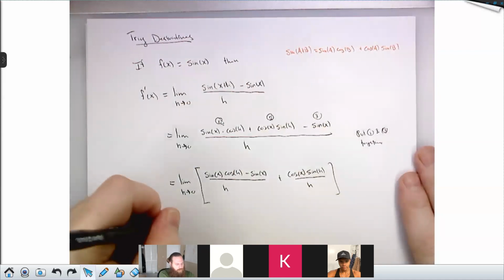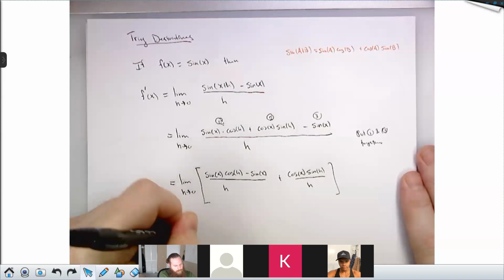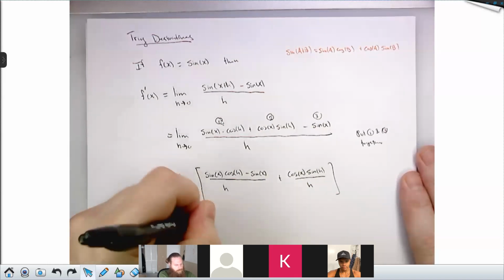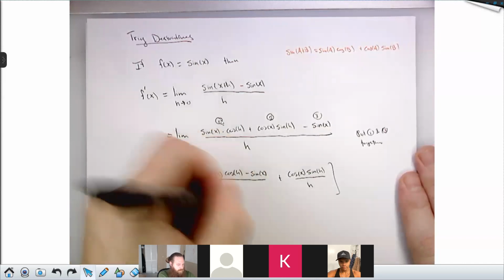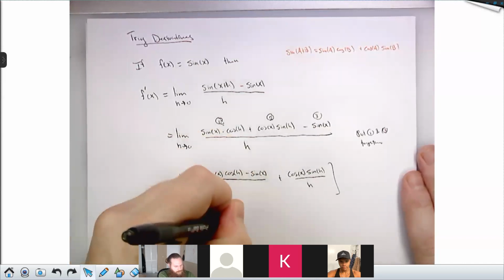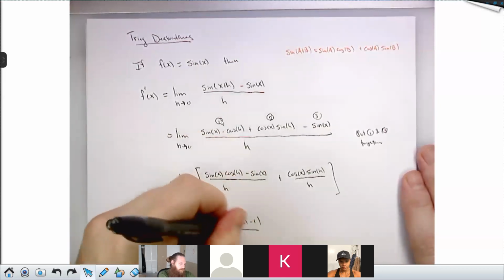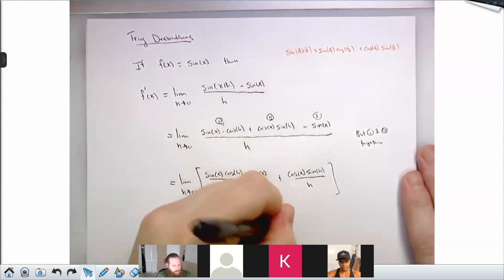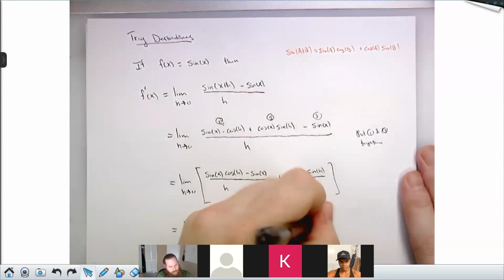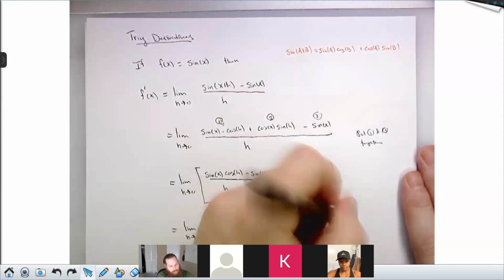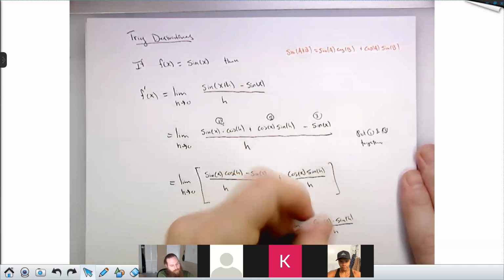From the first group there, now from that first piece, I'm going to split the limit up. So I'll have the limit as h goes to 0 of sine x times cos h minus 1 over h, plus the limit as h goes to 0 of cos x times sine h over h.